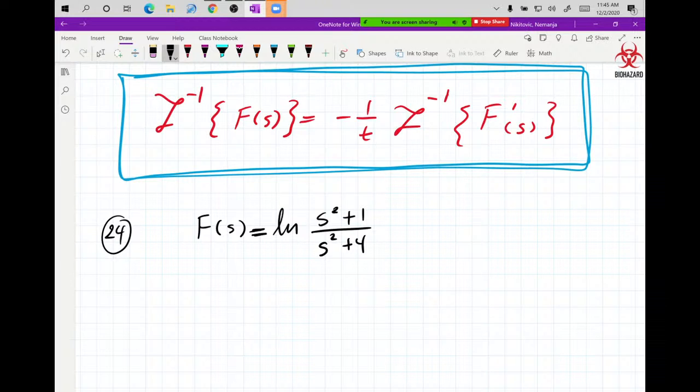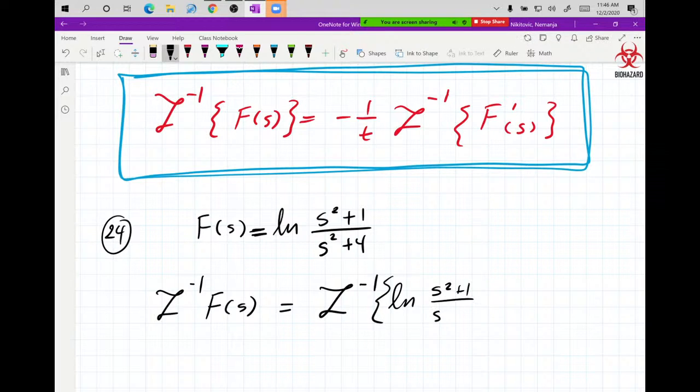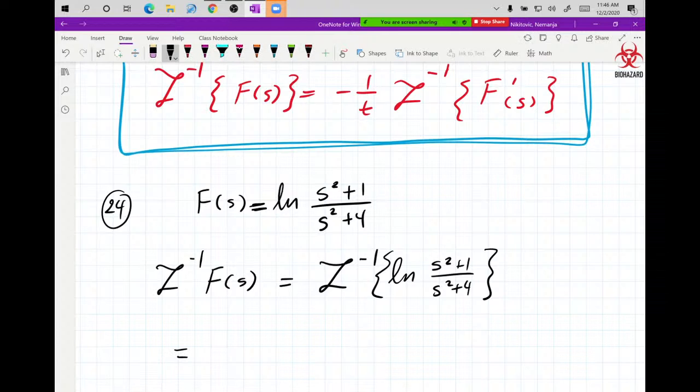So instead of writing the inverse Laplace of F of s, which is the inverse Laplace of ln of (s squared plus 1) over (s squared plus 4), how about I just do negative 1 over t times the inverse Laplace of the derivative of ln of (s squared plus 1) over (s squared plus 4)?